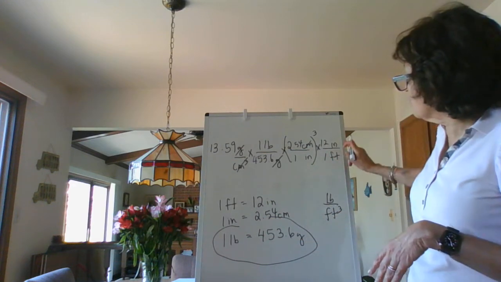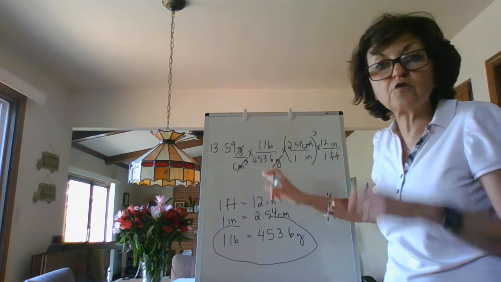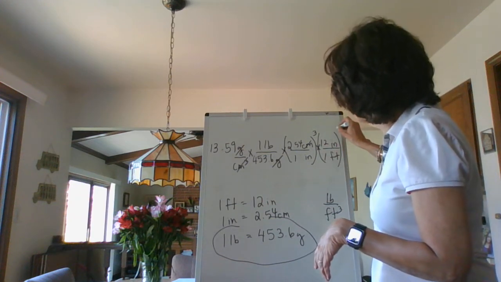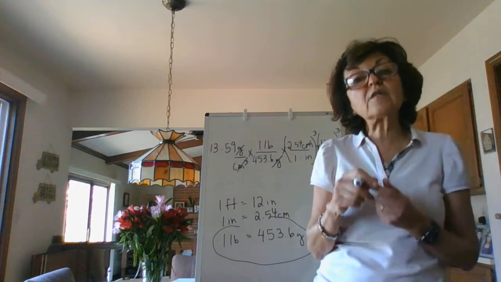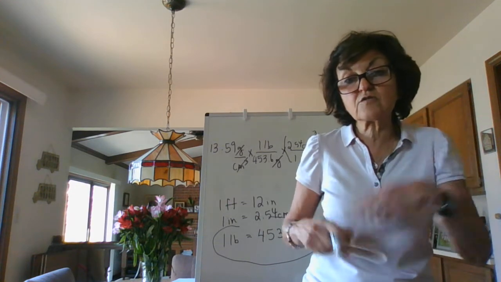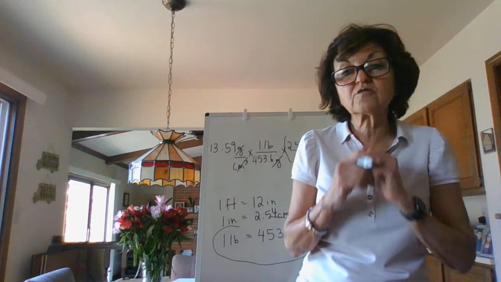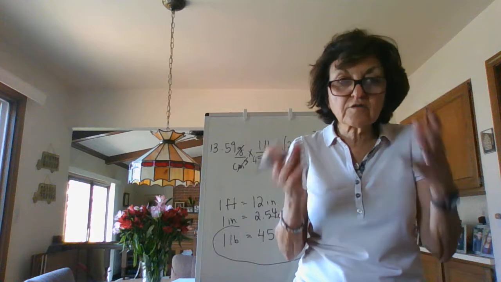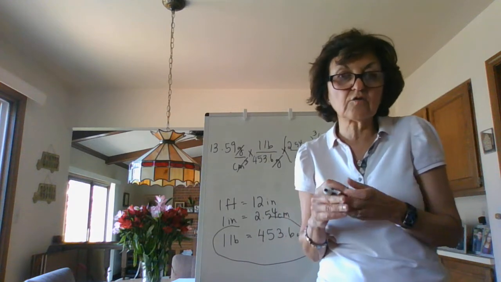Very nice. But will inches cancel out with inches cubed? No. So what do I have to do? I have to cube the whole thing. This is really important. You're going to see this in your first math lab that is due pretty quickly. So just make sure you know how to cube the whole thing or square the whole thing, depending on what it is that they're asking you to do.